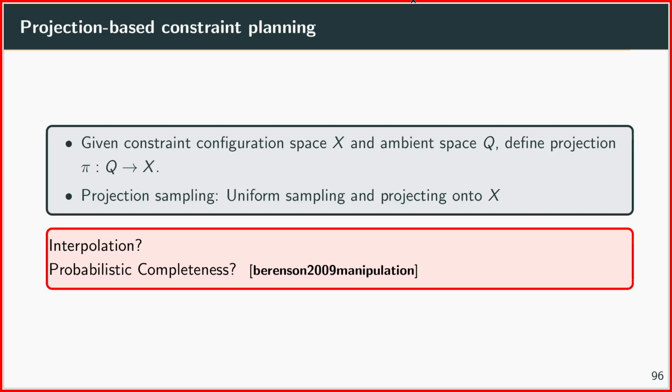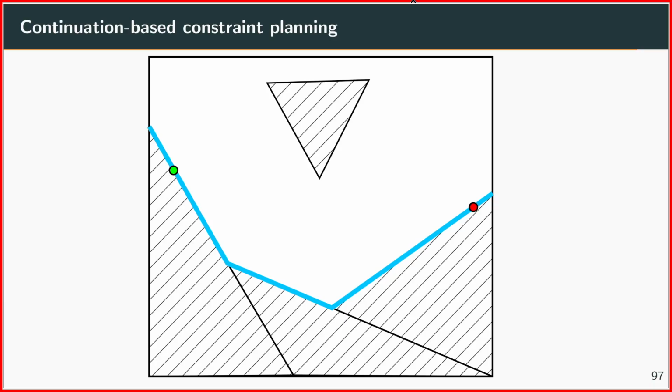Yeah, so it is probabilistically complete, but the proof is a bit more complicated. You can also find it in this publication. Basically, since 2009, we know that this approach is probabilistically complete. Cool. So those were two ideas of how you can solve it.